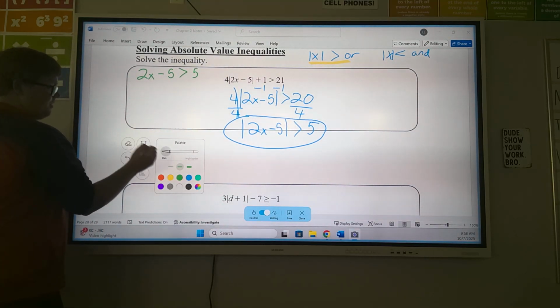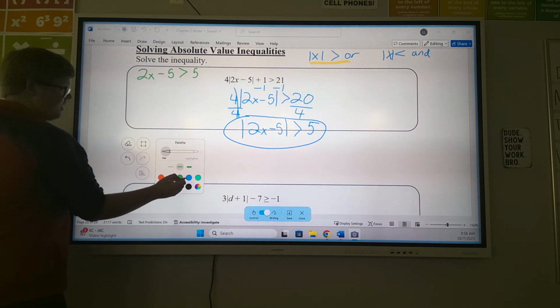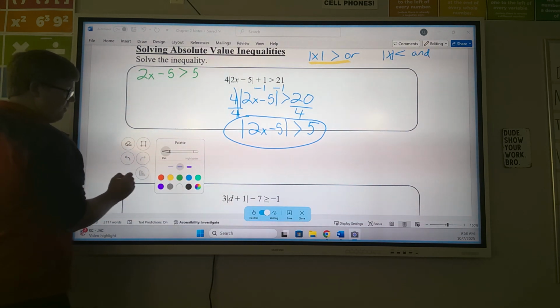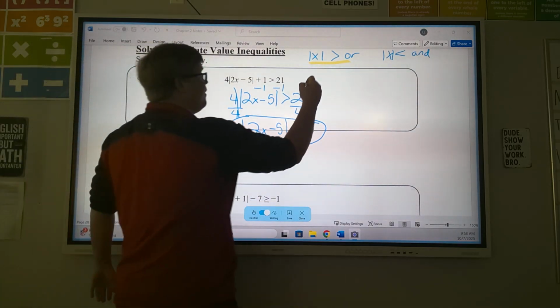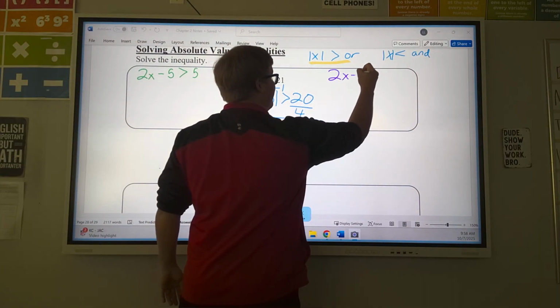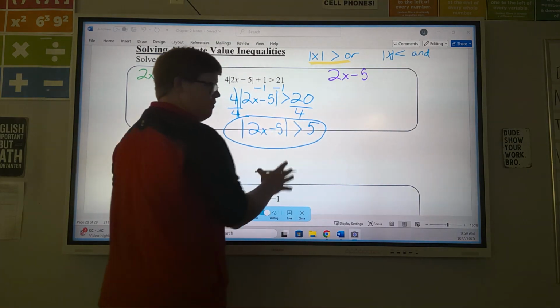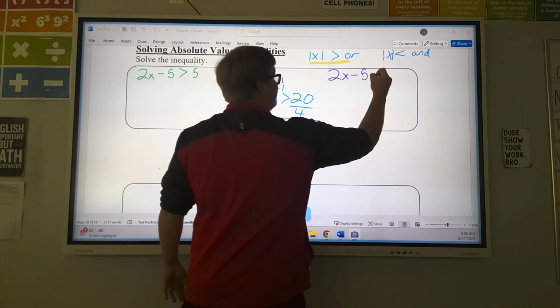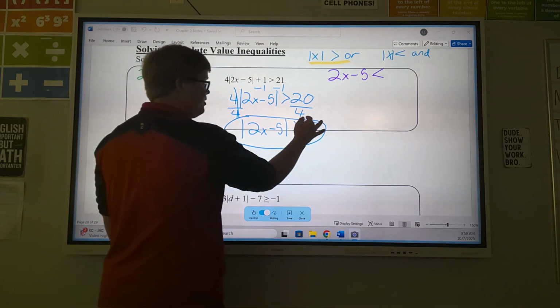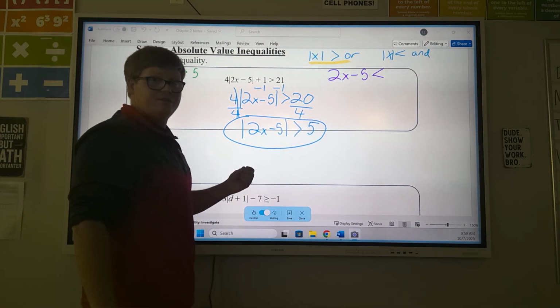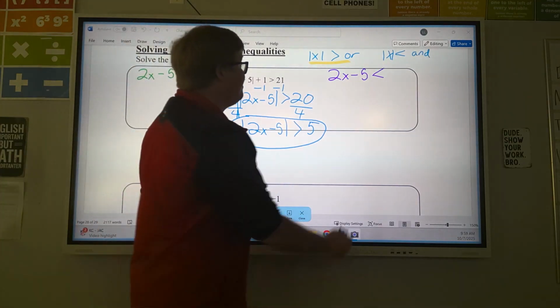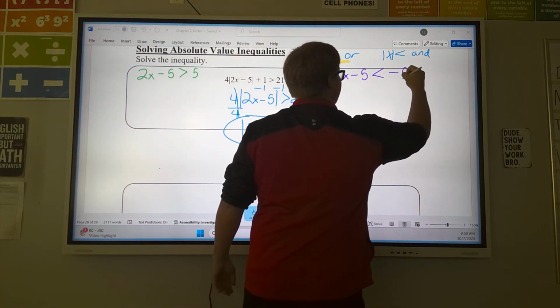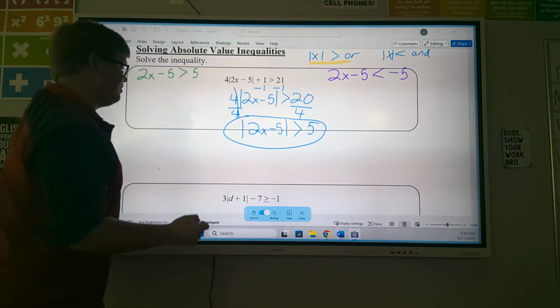For our second equation, we just copy down our absolute value, 2x minus 5. We need to flip our sign to the opposite, and we need to change that positive 5 to the opposite. The opposite of a positive 5 is a negative 5. Now we solve both equations individually.